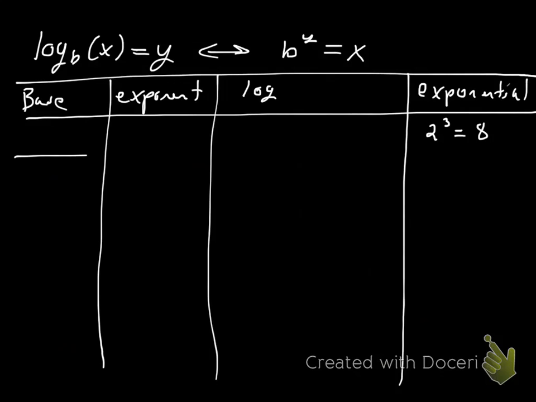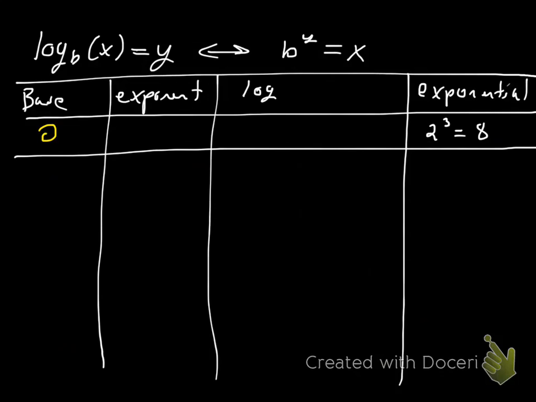So I'll give you 2 cubed is 8. If you want to pause the video for a second and see if you can identify the base and the exponent, go ahead. And then see if you can use your definition of log to write it in logarithmic form. So right now we have b to the y power is equal to x.